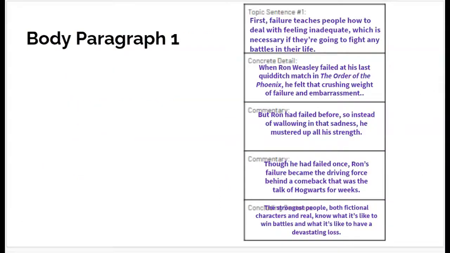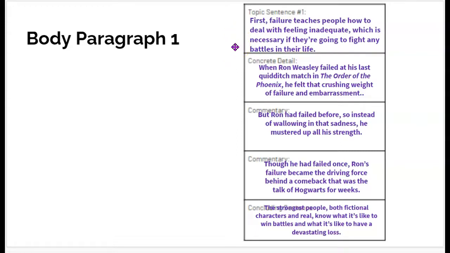And then they go to body paragraph 1. Okay, so the first sentence is a reason that their thesis is true. And remember, they were talking about feeling inadequate. So they say, first, that's a good transition word for a first body paragraph. First, failure teaches people how to deal with feeling inadequate, which is necessary if they're going to fight any battles in their life.